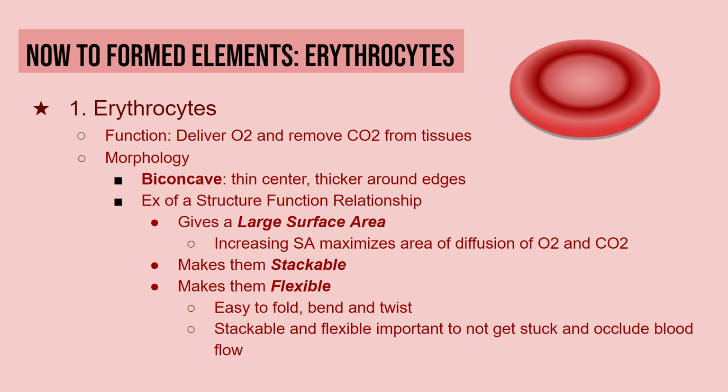That increases the surface area and allows them to slide nicely through the small capillaries, your blood vessels. That also makes them stackable and flexible, so they can, again, go through the blood vessels without getting stuck.